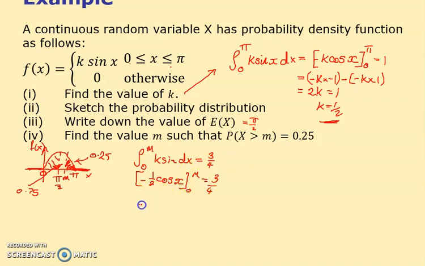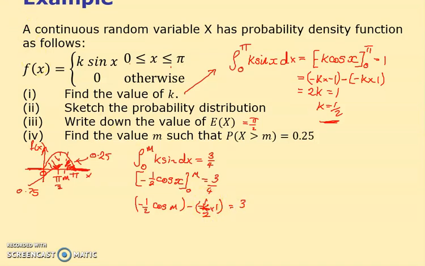Chuck m in, it's minus a half cos m, minus, now put 0 in, it still gives me the same. It still gives me effectively minus k times by 1, so it's plus k, which is a half, of course.